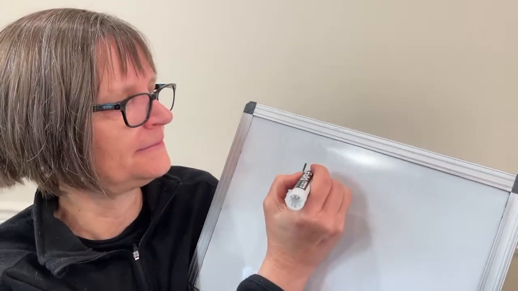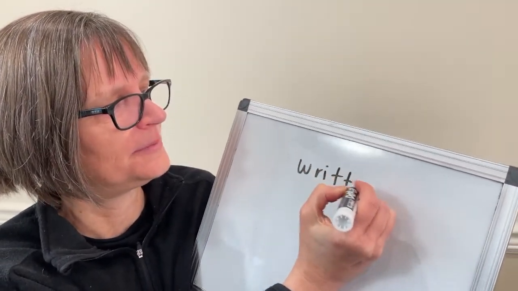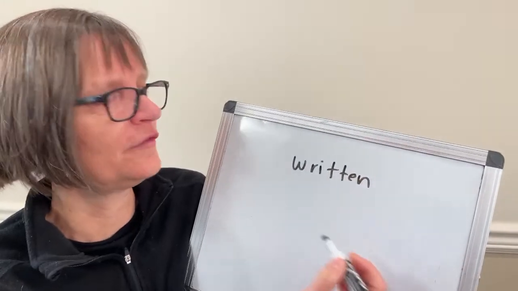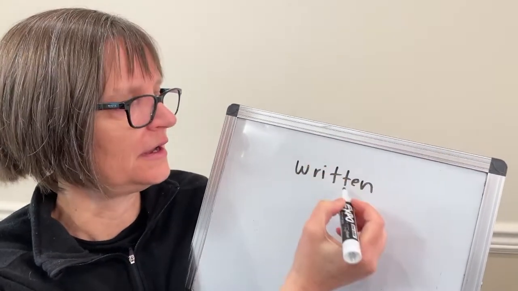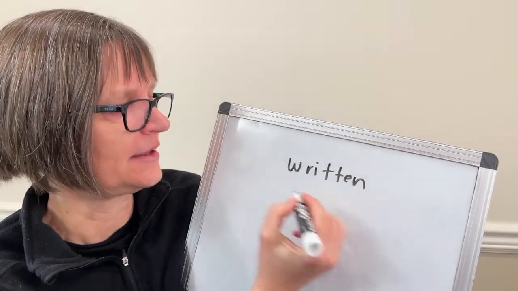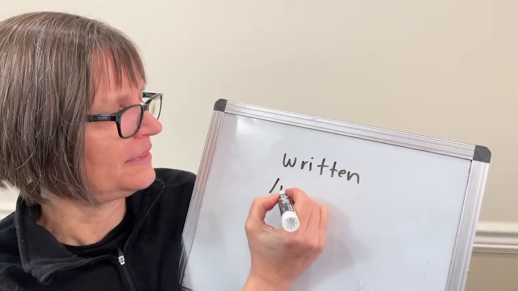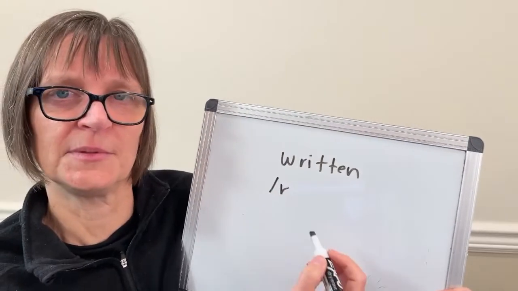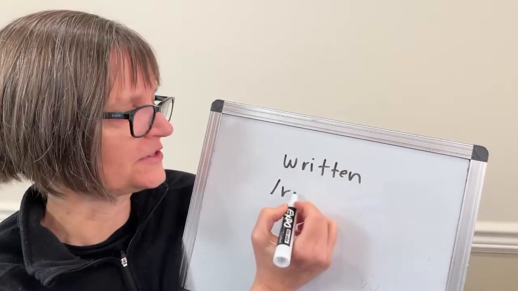That's a good question. Okay, we have a question about the word written. So written is an example of where we use an unreleased T and a syllabic N. So the W is silent. WR just says the R sound, ri.